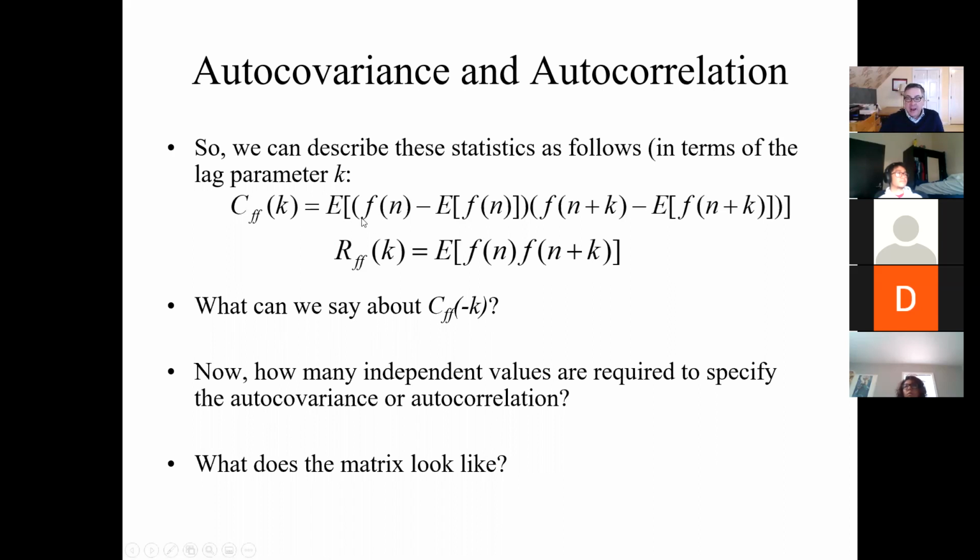Okay, and so we could now write these as, where N is actually general, right?